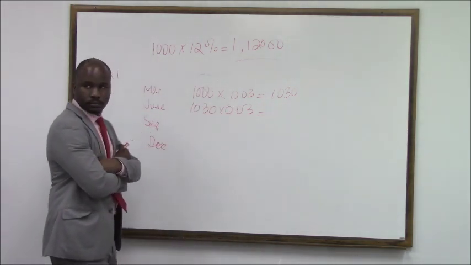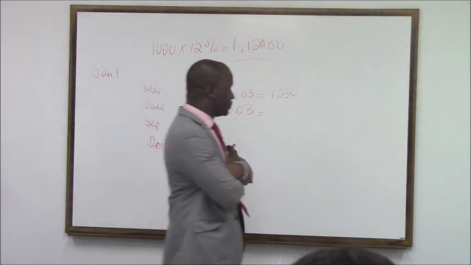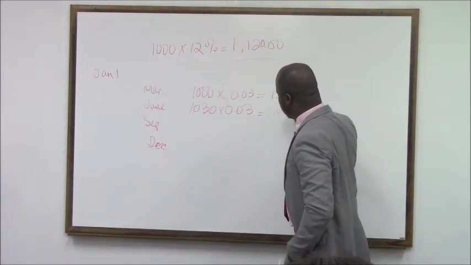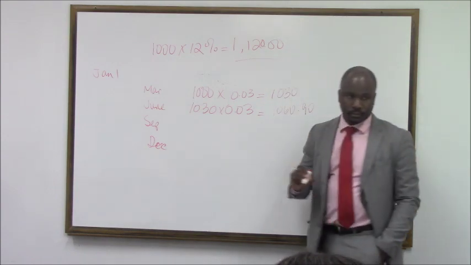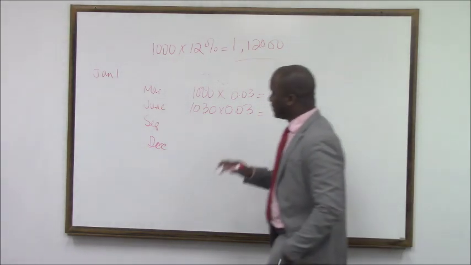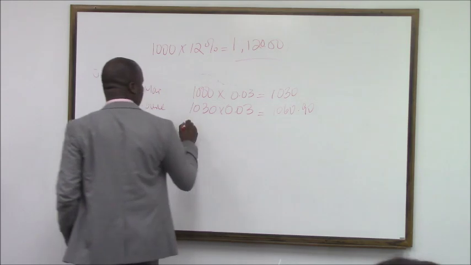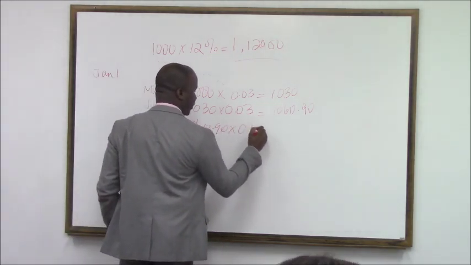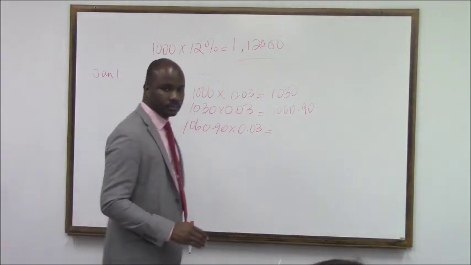We added an additional $30. That's $1,060.90, somebody said? Yeah. Okay, so then September comes, $1,060.90. You multiply that by 0.03, and what do you get?